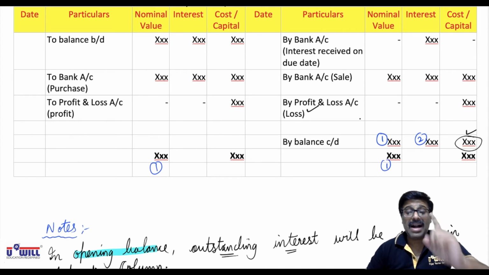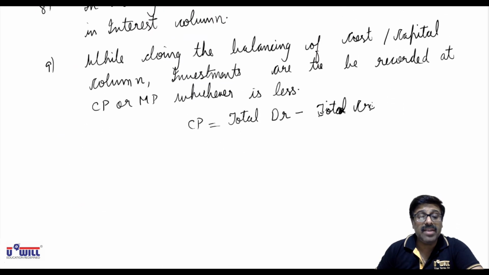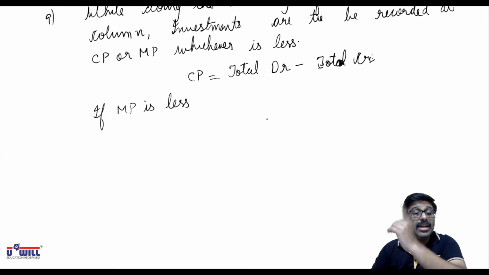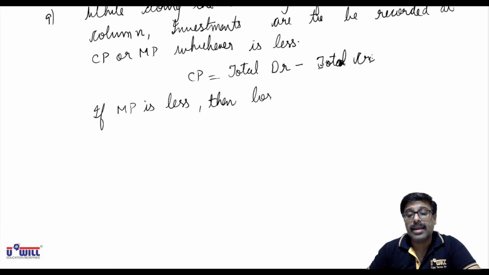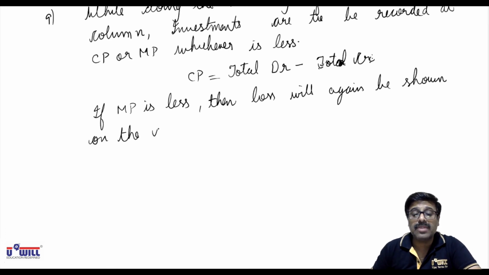But if market price is less, then we will be recording the investment at market price, and the loss will further be recorded on the credit side of the investment account under the banner of "by profit and loss account".